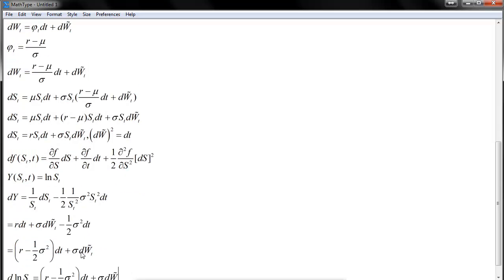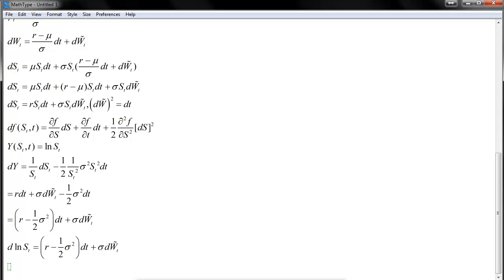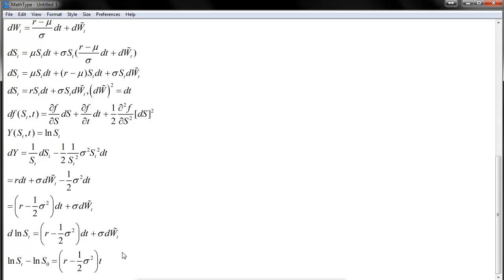So this is perfectly equal, and if we now integrate between the time 0 and small t, we get logarithm of s t minus logarithm of s at 0 is equal to this term times t plus sigma times the linear process at time t.